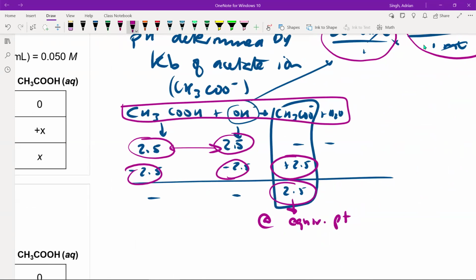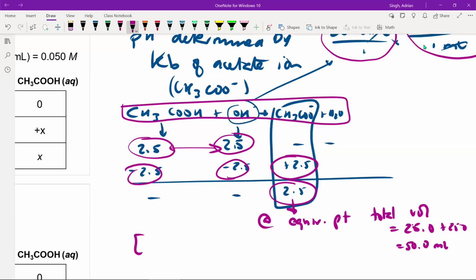And the total volume that we've used here now, we've added 25 mils of the sodium hydroxide to the 25 mils of the acid. So 25 plus 25 would give a total of 50.0 mils. We have 2.5 millimolar.